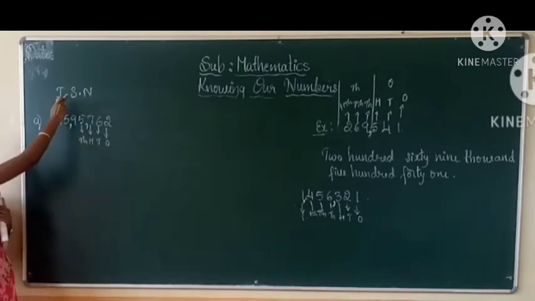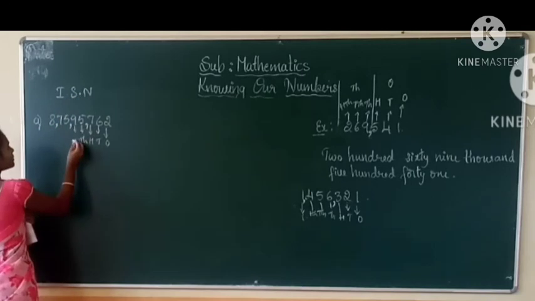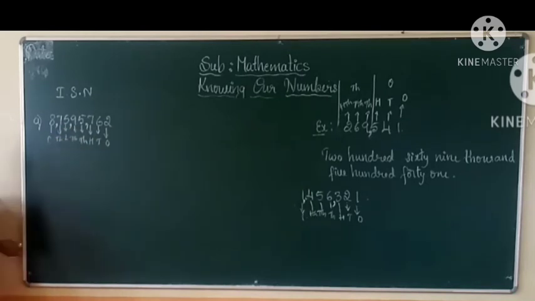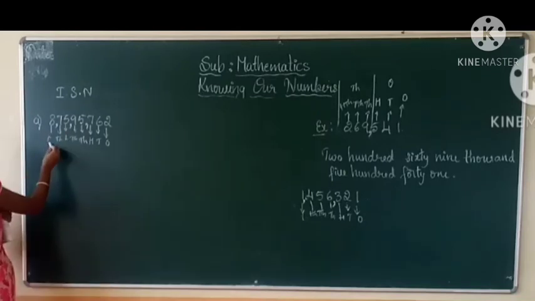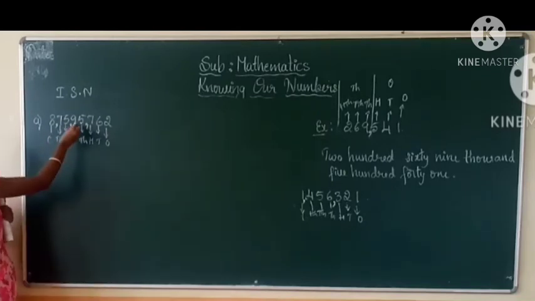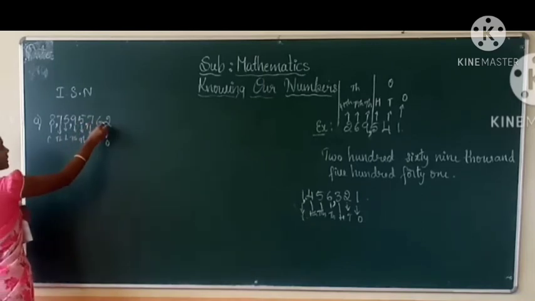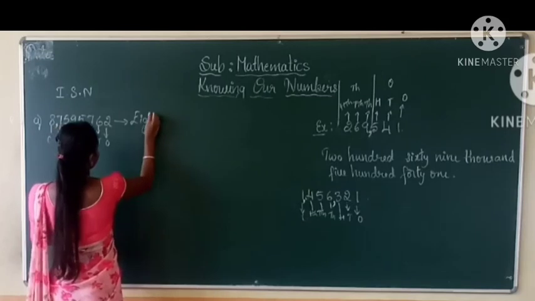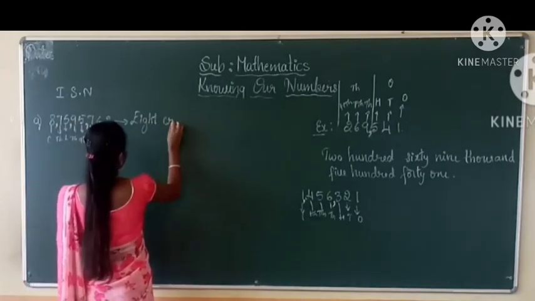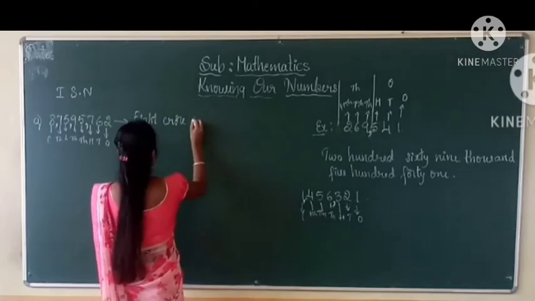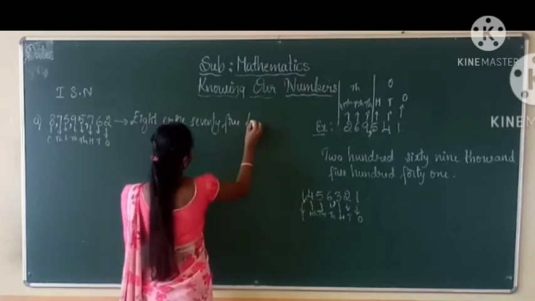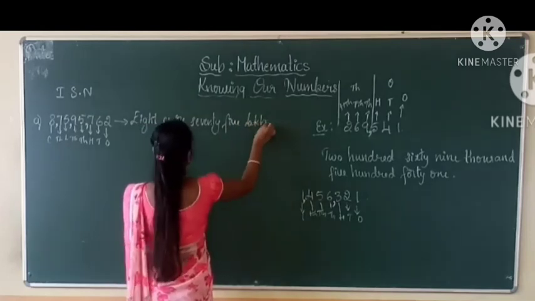According to the Indian system of numeration, it is 10,000 place, lakhs place, 10 lakhs place, and crores place. Therefore it is 8 crore 75 lakh 95,762.